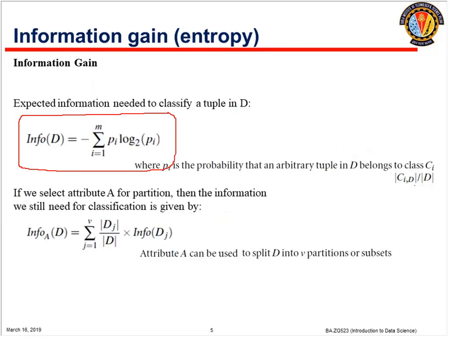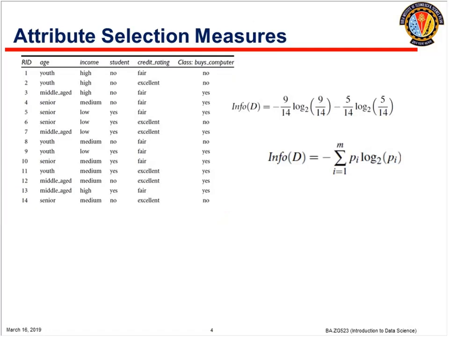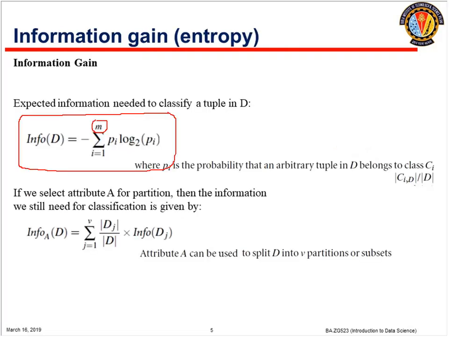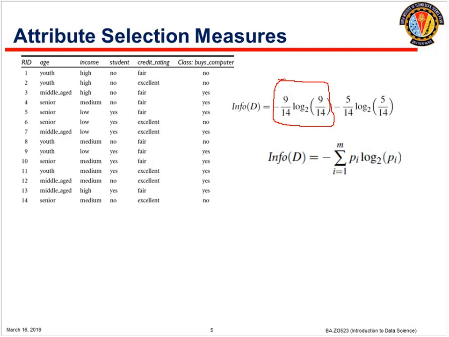So the entropy formula here is minus pi log pi, where m is the total number of classes. Here we have only 2 classes, yes and no. So for yes, what is the probability? For no, what is the probability? Probability you can find just by looking at the numbers.